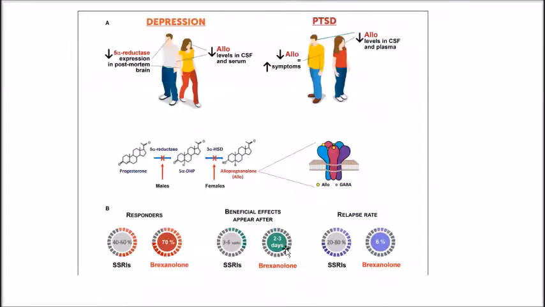And that can be seen here, where in depression, in both males and females, you get decreased 5 alpha reductase expression in postmortem brain. That's the enzyme that produces allopregnanolone, and you get decreased levels of allopregnanolone in CSF and serum.